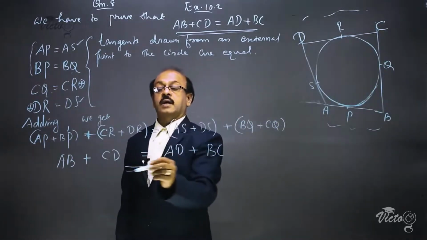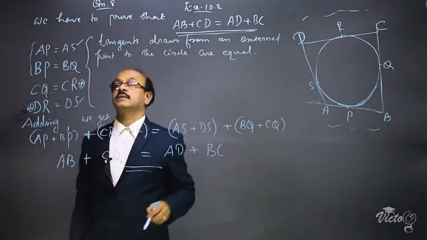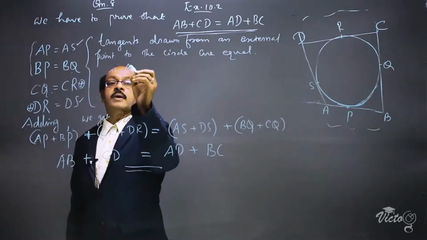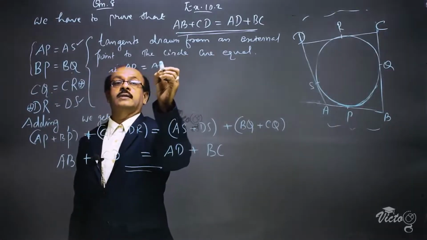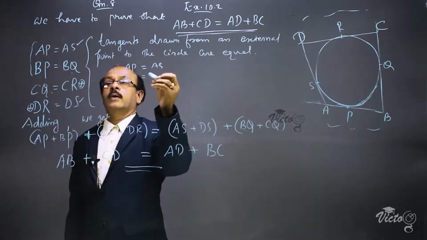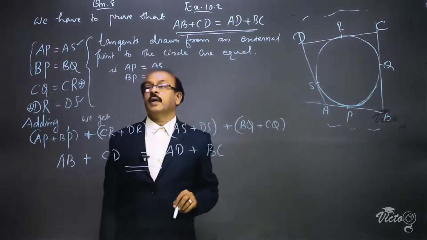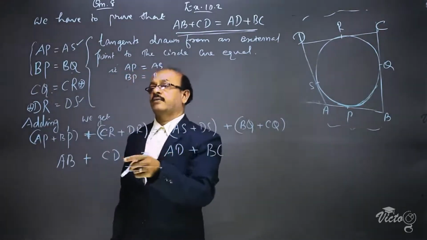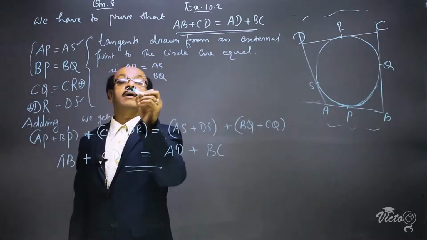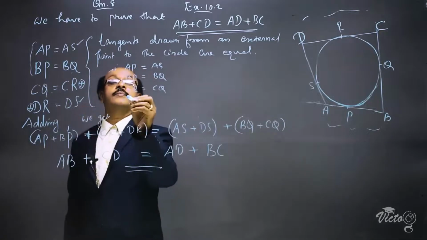This is the result. If you want, you can rearrange and show the sides in the same order: AP is equal to AS, BP is equal to BQ, CR is equal to CQ, and DR is equal to DS.